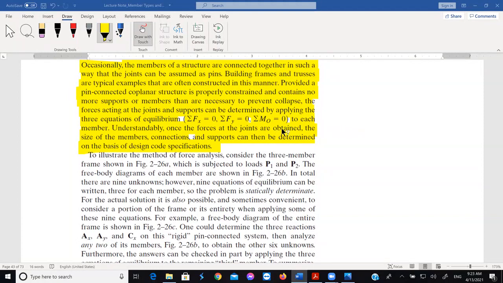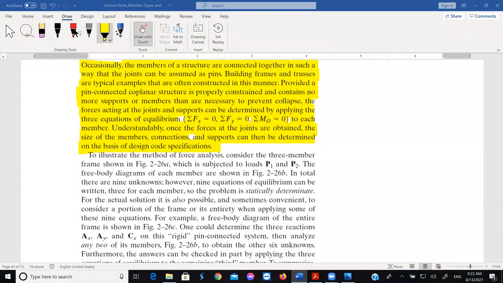Then you use the equations of equilibrium to determine the external reactions, and from them you analyze your structure to determine the internal effects such as axial force, shear force, bending moment, and torsion. And then you design, that means you determine the sectional dimensions and reinforcing amount to carry those internal forces. So that's how design is carried out.